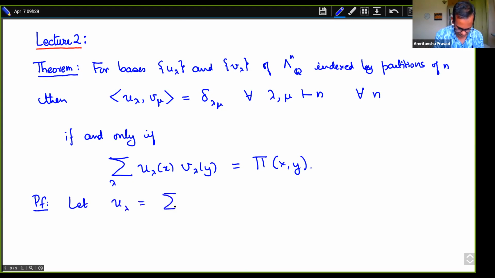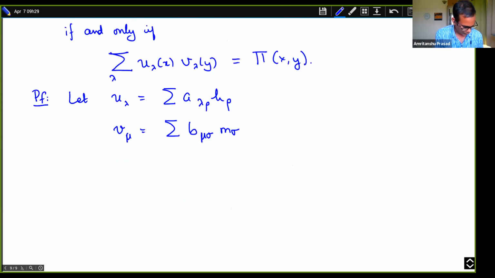So u lambda is the sum of a lambda rho h rho, let's say, for some coefficients a lambda rho, and v mu, let this be the sum of b mu sigma m sigma. And now let's just evaluate the inner product. Then what do we get?